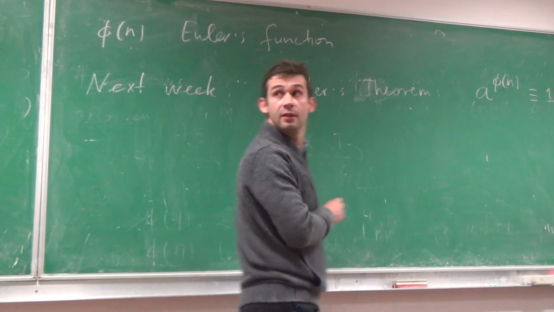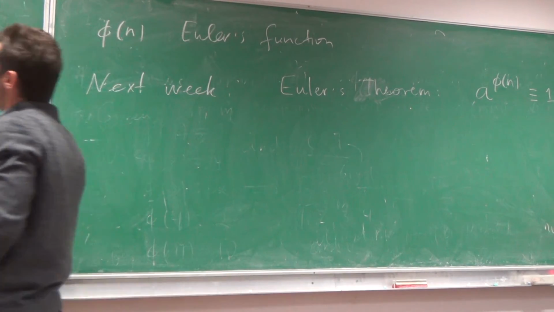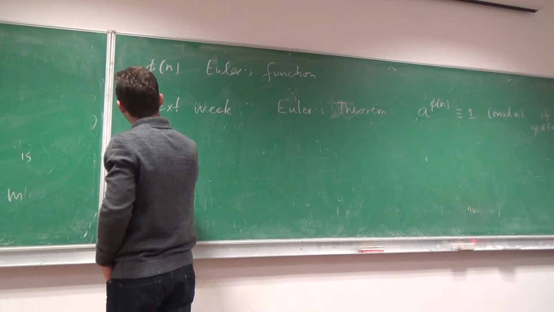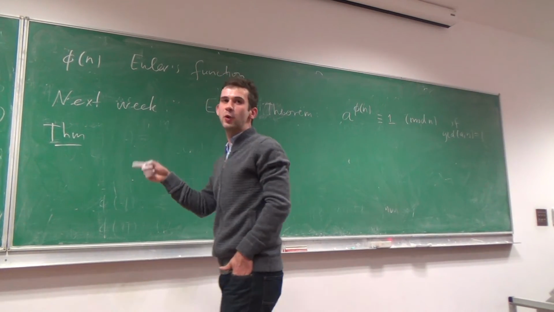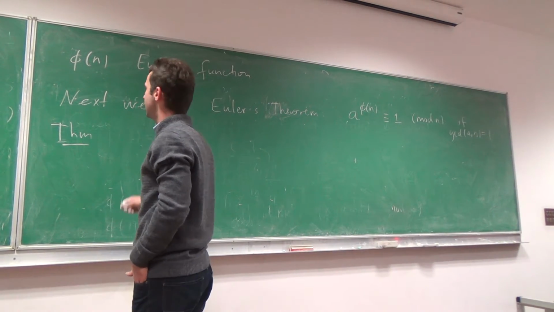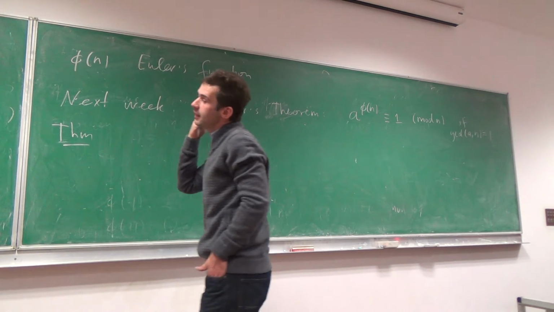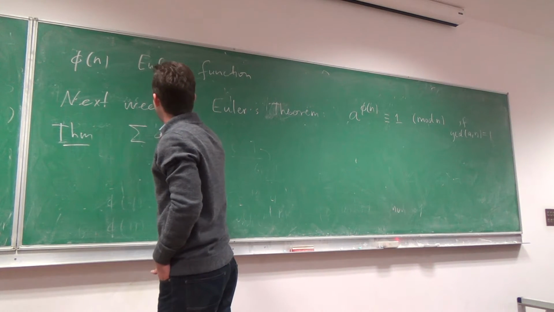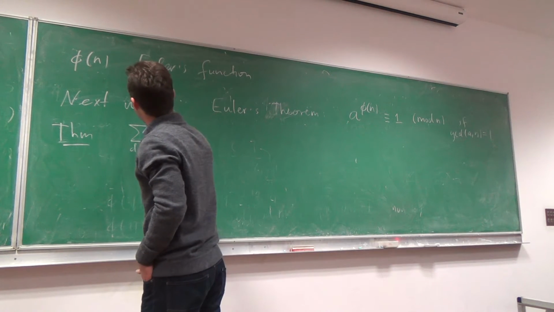Okay, and in the remaining 5 or 6 minutes, what we'll do is go back to the beginning. We look at the summation over divisors. That's a little theorem we can prove. And here is where I'll try to ask for your input, to see if you have been listening at the beginning of this lecture. As I've been explaining, one of the things we can do with these arithmetic functions is sum up their values over divisors.